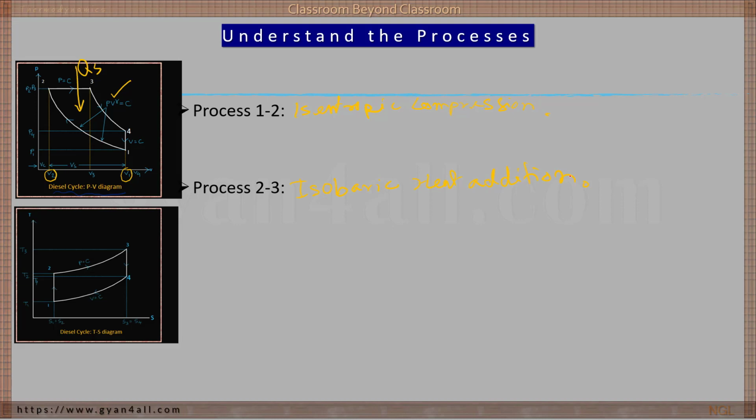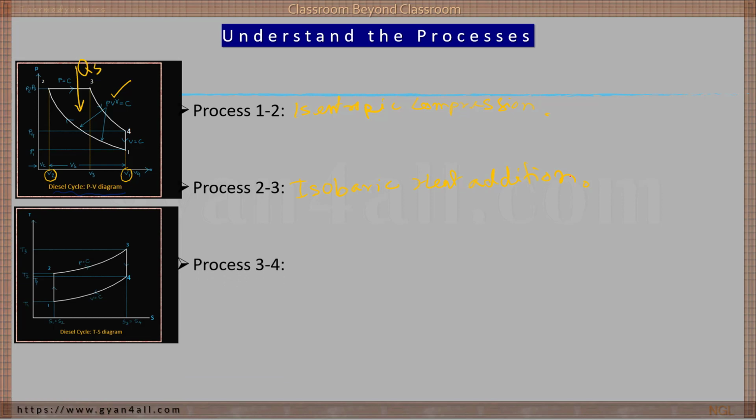We assume that we add the heat by bringing a hot body in contact with the cylinder head. This is isobaric heat addition, or constant pressure heat addition process.